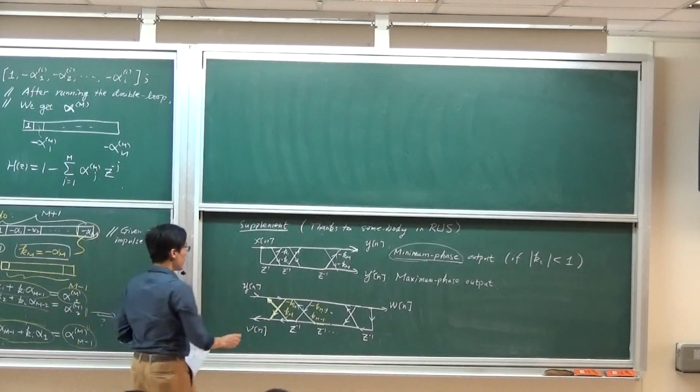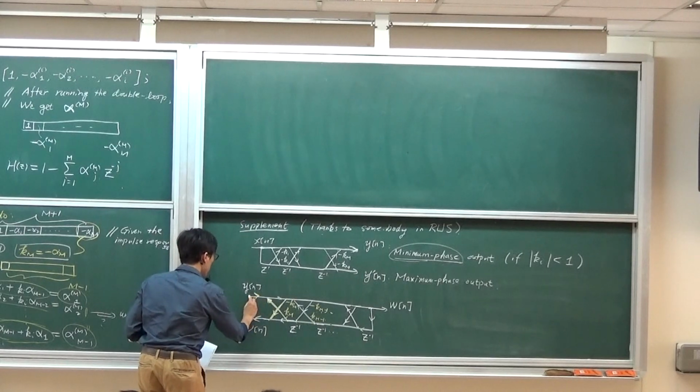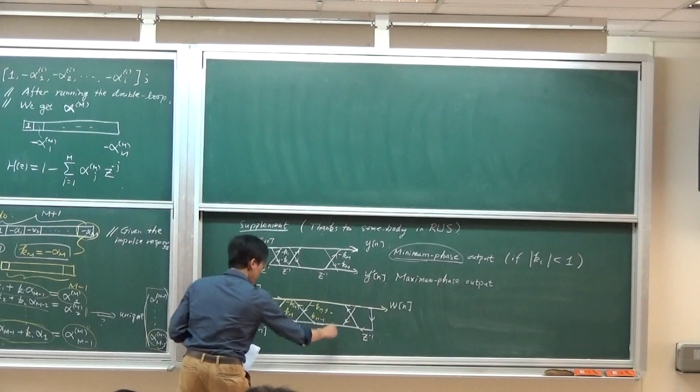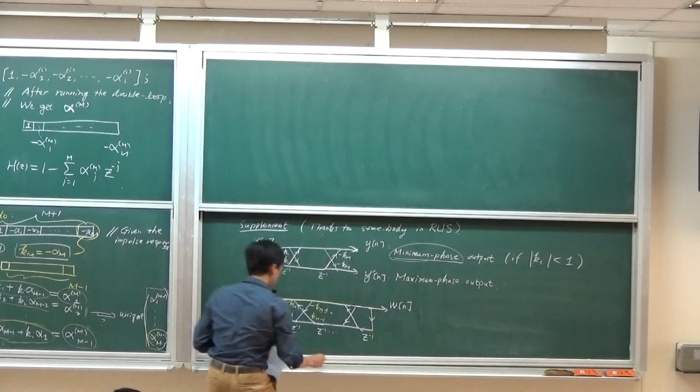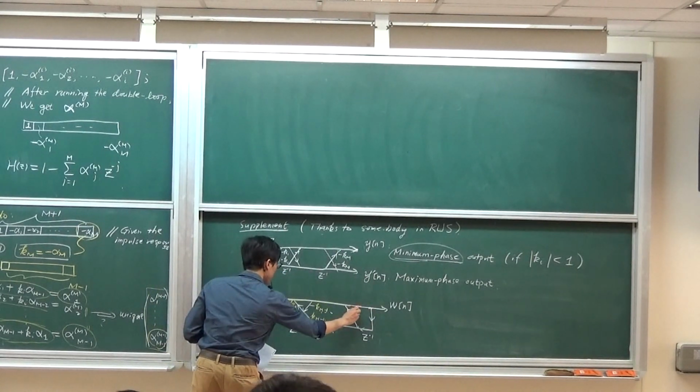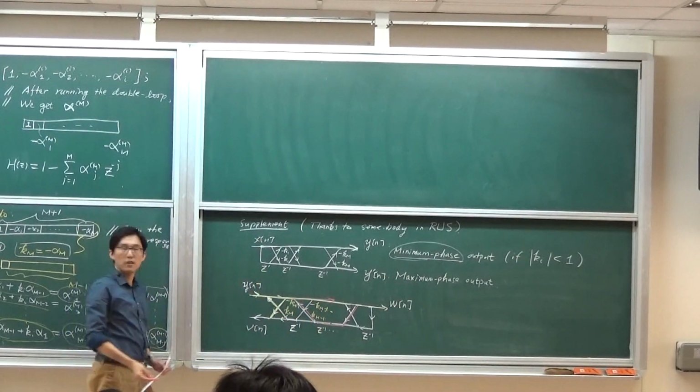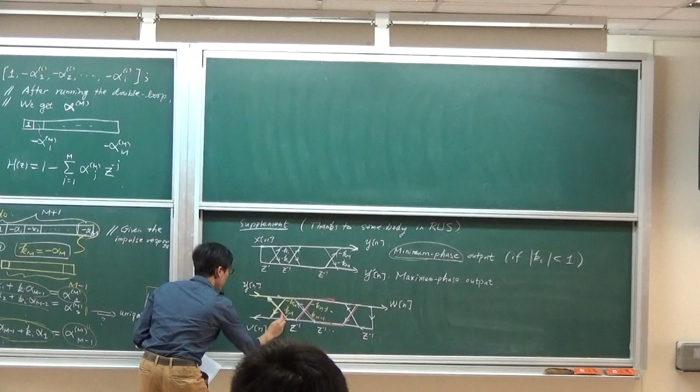And it turns out that for this system, we consider the relation between y and w. Note that it has a lot of feedback loops. For example, this is a feedback loop, and this is also a feedback loop.